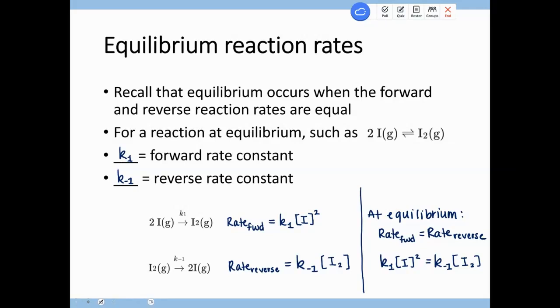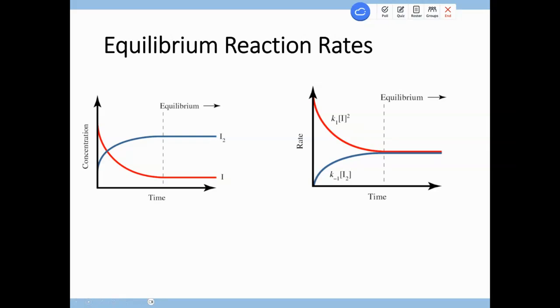So adding atomic iodine, it will begin reacting, and so the concentration of this decreases until equilibrium is reached. Diiodine is being formed at the beginning. It continues increasing in concentration until equilibrium.